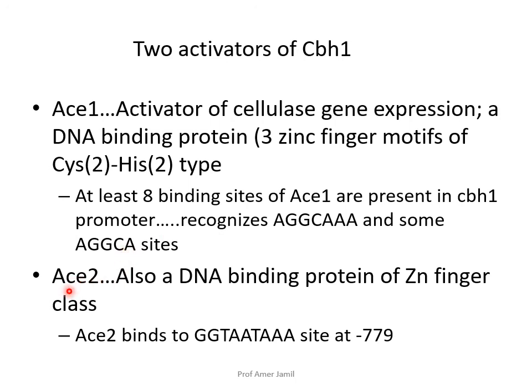Then there is ACE2, activator of cellulase gene 2. It also binds to a certain region, this is the sequence, at -779, and this is also a zinc finger protein. So these two proteins act as activators of CBH1.